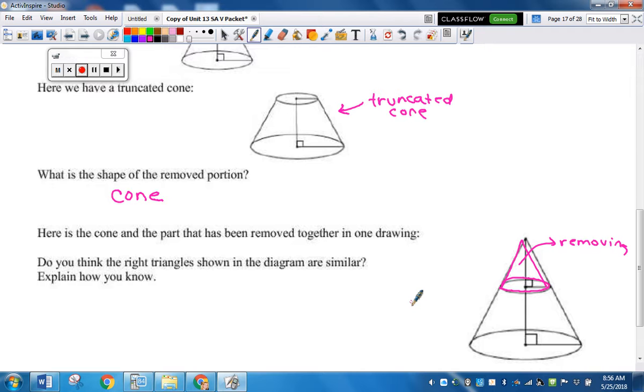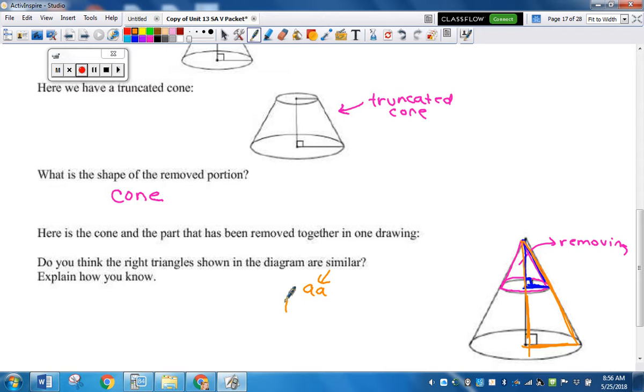So, do you think the right triangles shown in the diagram are similar to each other? All right, we did similar, so right triangles. Here's one right triangle in blue. And here's the other right triangle in blue. And hopefully what you're thinking is similar triangles. One way to get similar triangles is angle-angle, right?